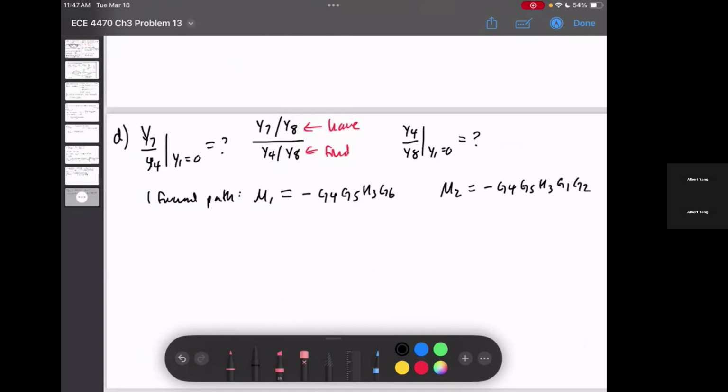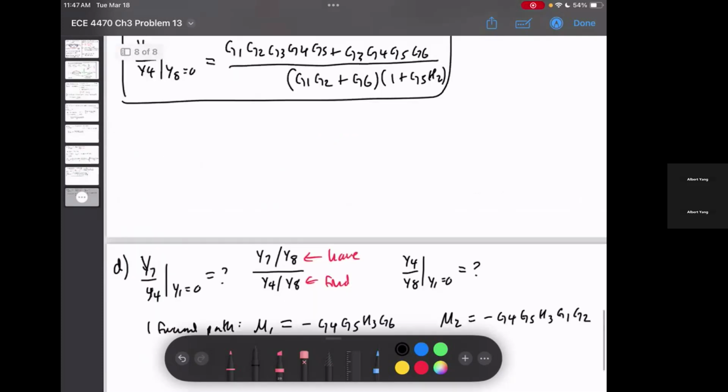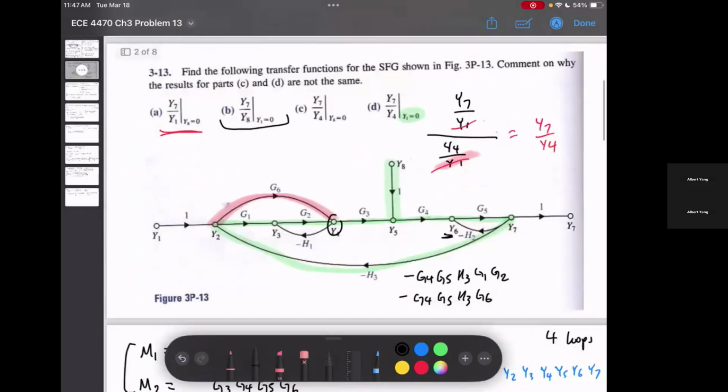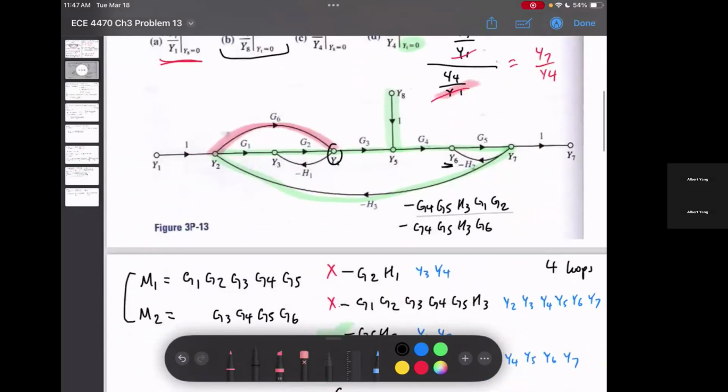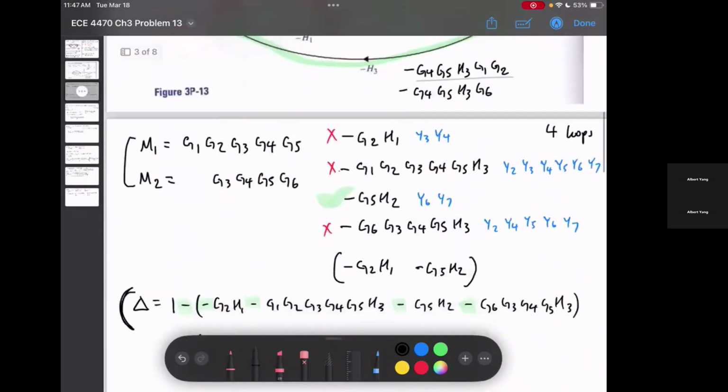Then let's check what happens if we remove these forward paths and how many loops we'll have remaining. So if you look at this, this would be y5, 6, 7 for the first one. 5, 6, 7, 2, 3, 4. We know that y4 is included, so this one's not going to work. And then this one has y4, 5, 6, and 7. This has 7, so they all have 7.